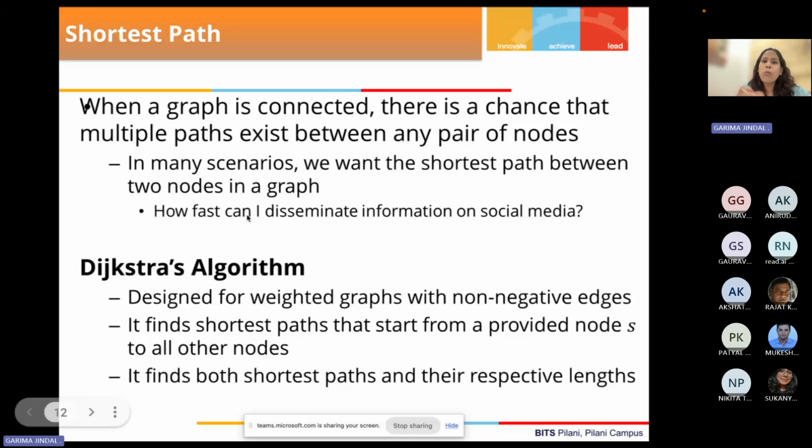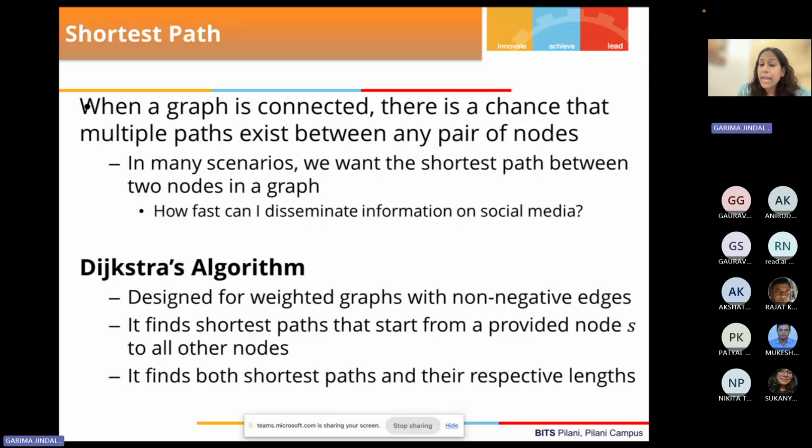We need to know what algorithm to use in order to identify the shortest path from one node to all the other nodes. Dijkstra algorithm is designed for weighted graphs with non-negative edges. It fails whenever we have negative cycles in the graph, and it may or may not fail whenever we have a negative edge.